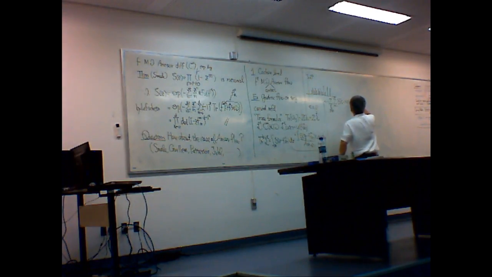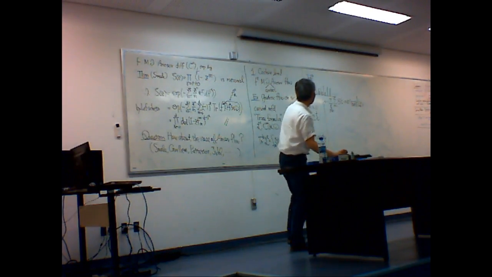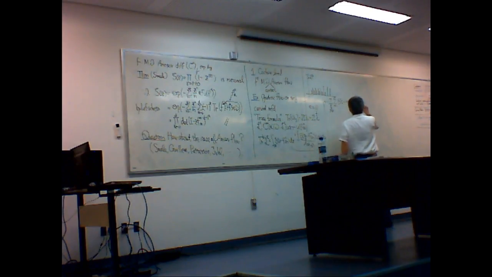Here we have some weight, the determinant of I minus D gamma^n, where D gamma is the transversal Jacobian.